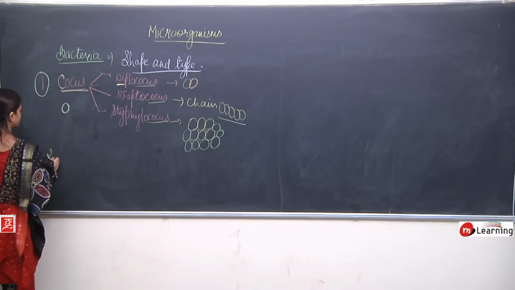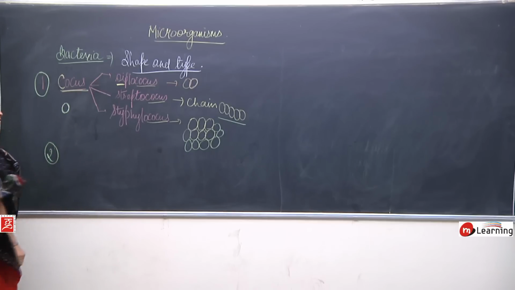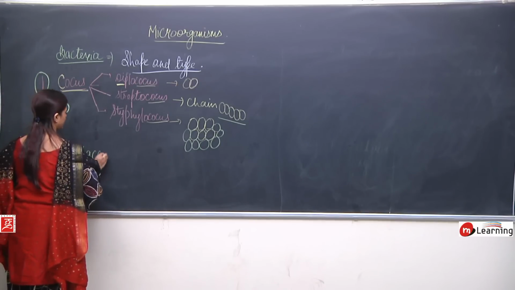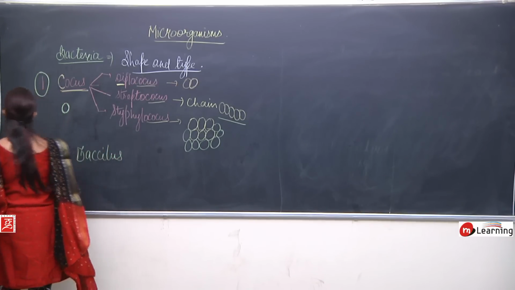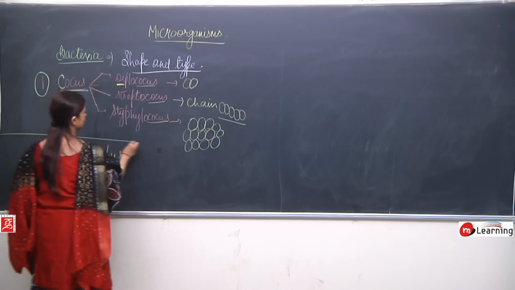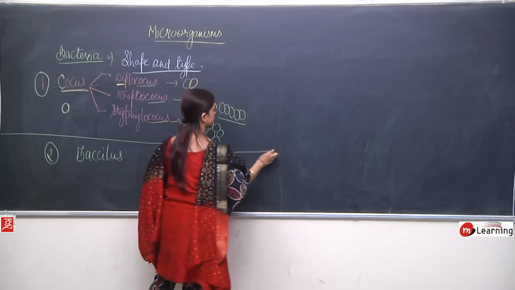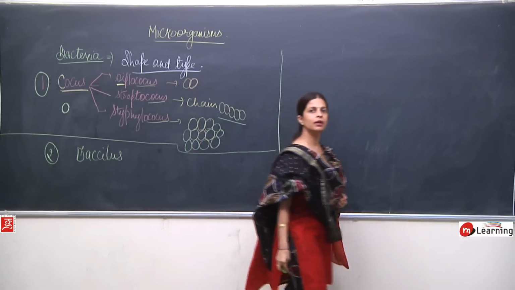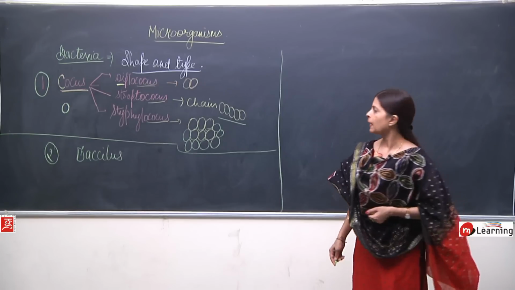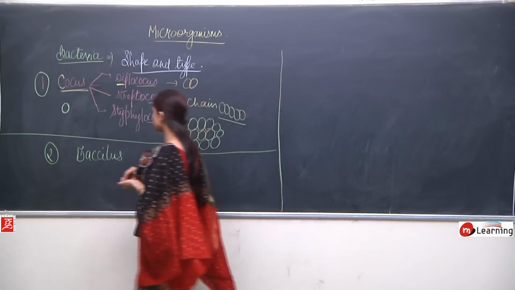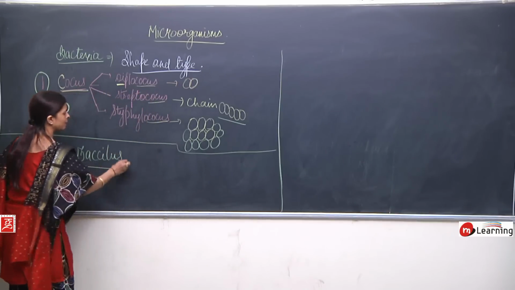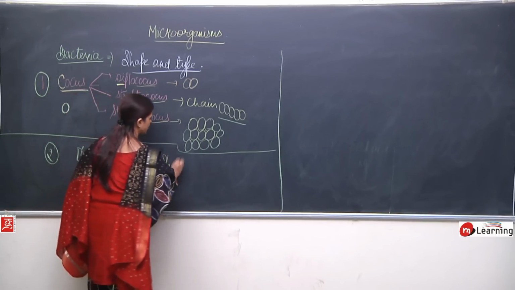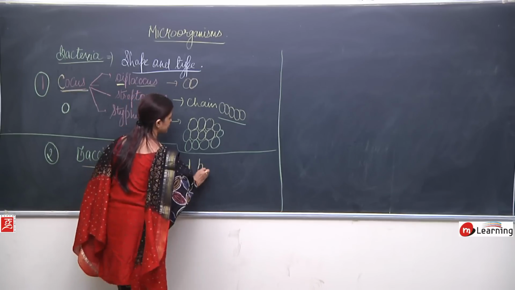Now we will talk about the second one. The second one is Bacillus. What is the shape of the Bacillus? Bacillus means basically the rod shaped bacteria.